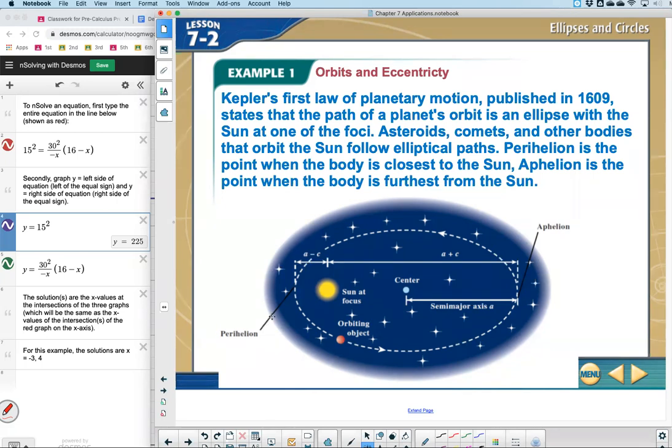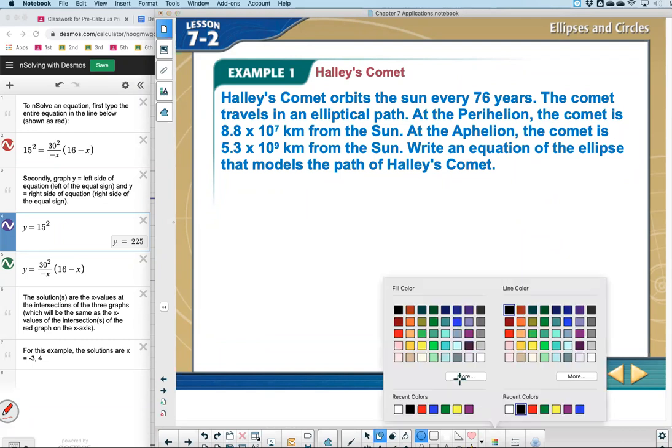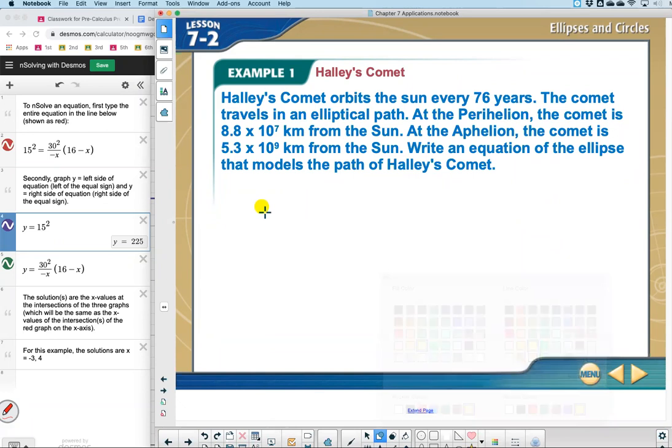Okay, so now let's talk about Halley's Comet. Earth orbits around the sun once every year. That's why we call it a year. Halley's Comet orbits around the sun once every 76 years. Now, why is that?